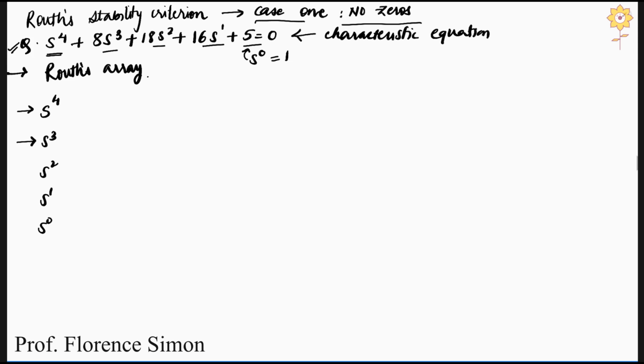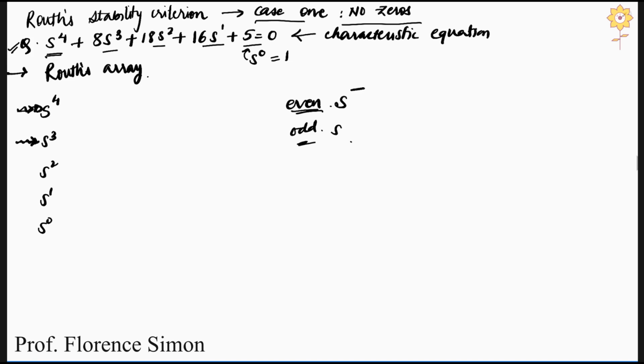In the first row, we will be filling all the numbers which have s with an even power, and in this particular row we will be filling all the s with odd. Now, why even and odd? It is not like we will be writing even first and then odd.